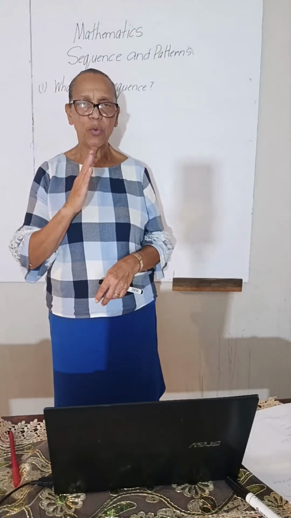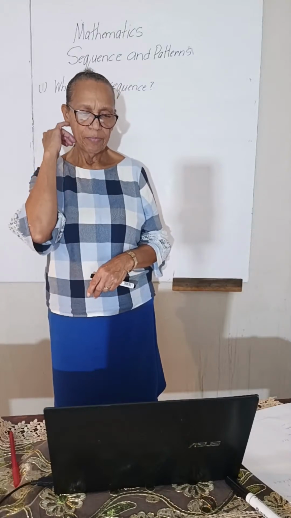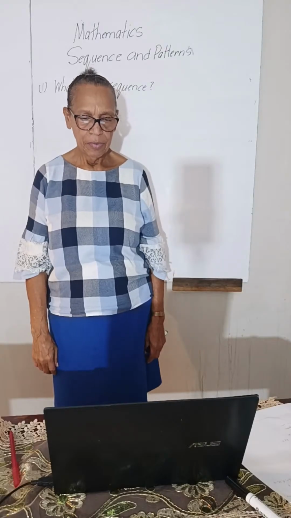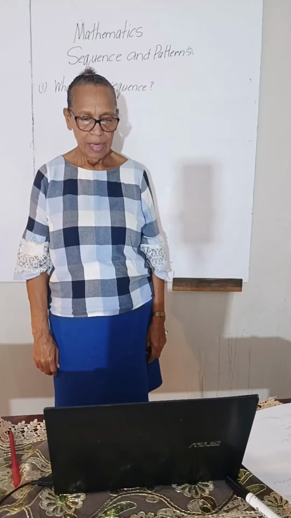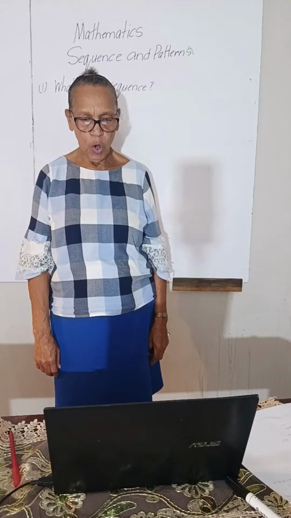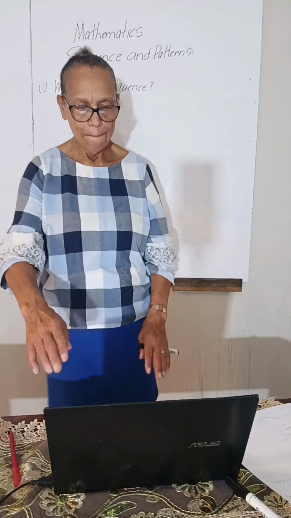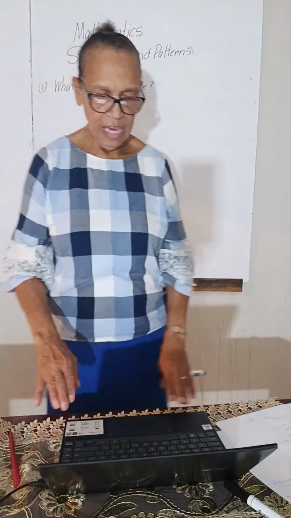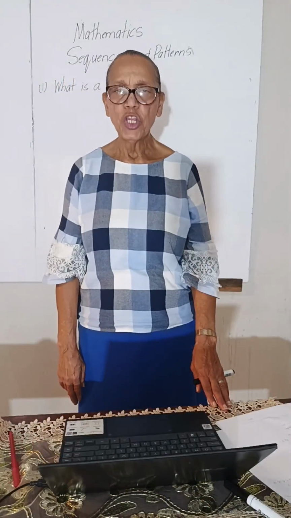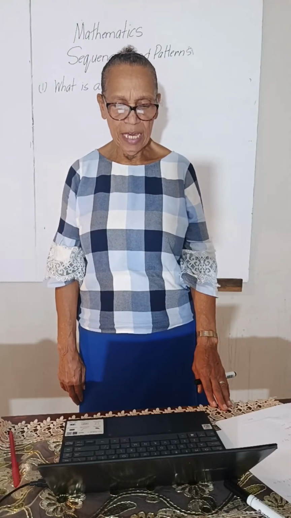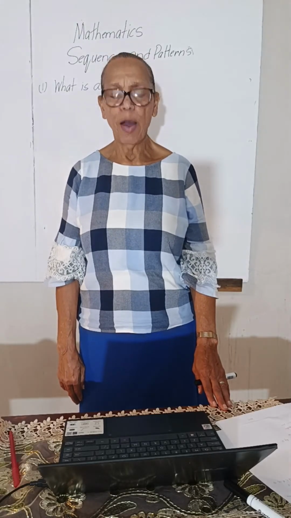What is a sequence? A, a random set of numbers. B, a list of numbers in order that follows a rule. C, one number only. D, a word problem.